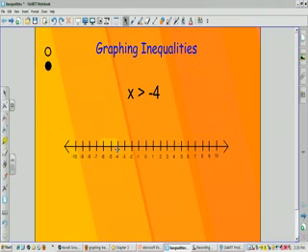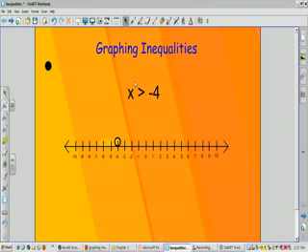Now we're going to put a circle there. The type of circle depends on whether it's greater than or equal to. We're going with an open circle, and I'll explain the difference in a minute. So you put an open circle above -4, and the direction we're going, we want all numbers bigger than -4.